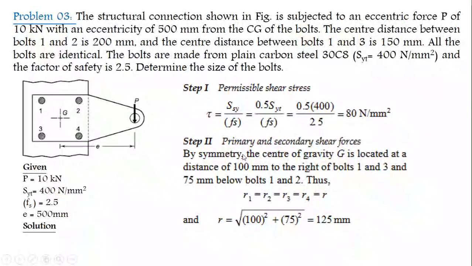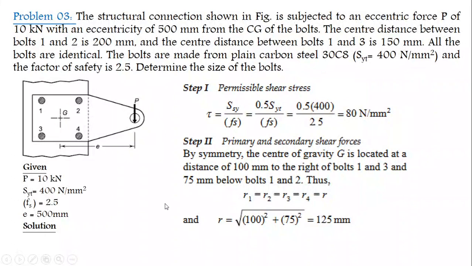Step 2: find the primary and secondary shear forces. By symmetry, the center of gravity G is located at a distance of 100 mm to the right of bolt 1 and 2, and 75 mm below bolt 1 and 3.